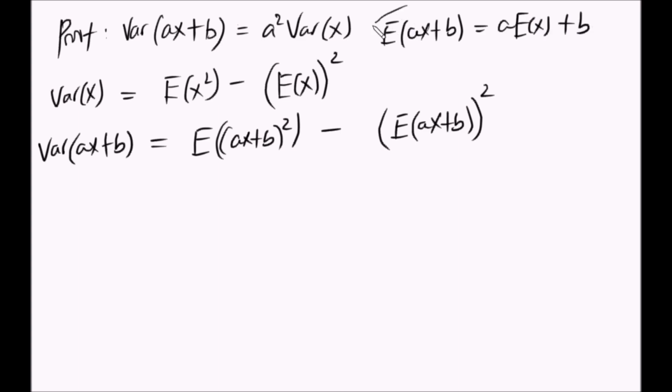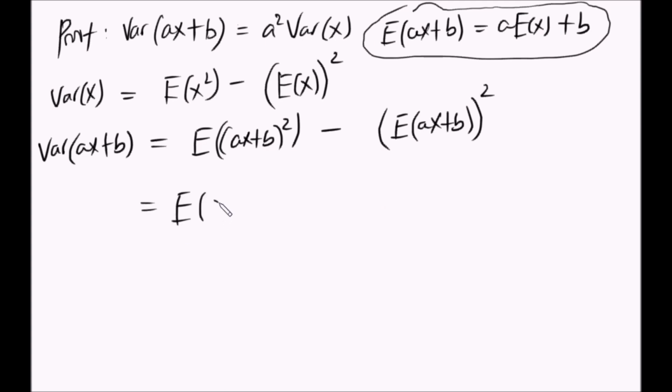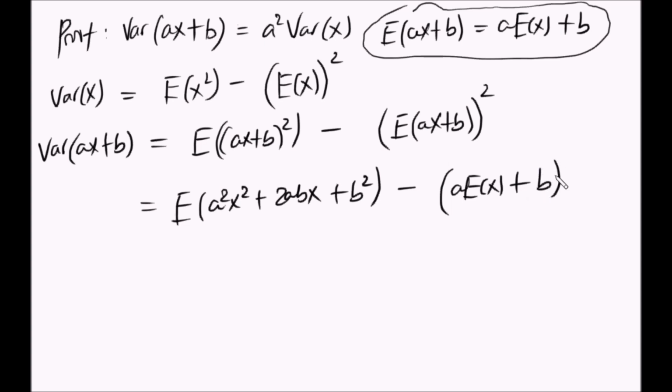You can remember this property in the previous tutorial. Tulisoma hii. So manake hapa sasa, hapa kwanza tu square hii ax plus b, tutapata ni expectation ya a square x squared plus 2abx plus b squared minus, so hii ni expectation of ax plus b squared, kama hivyo. Yeah, so kwa hizi now, we can just nazo tukazingiza tu.